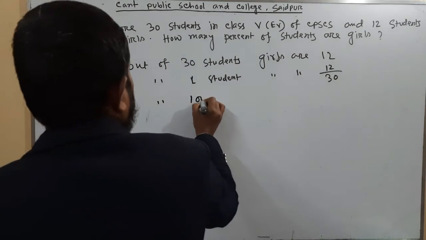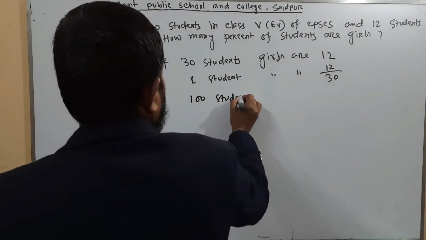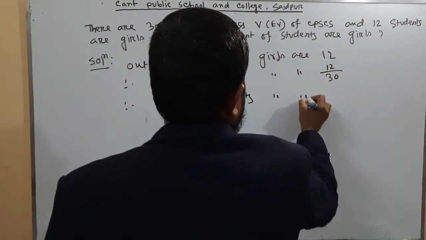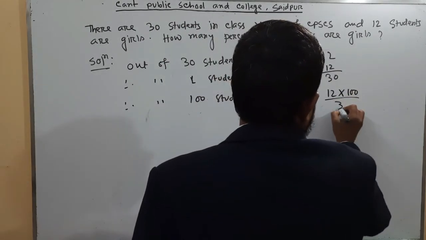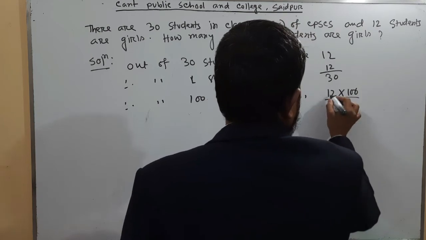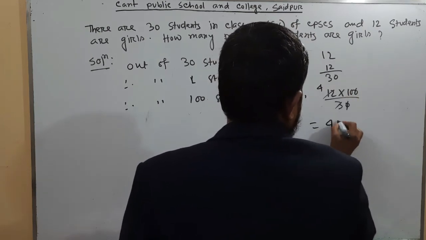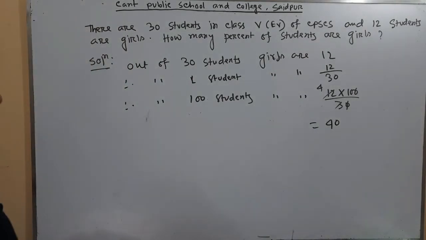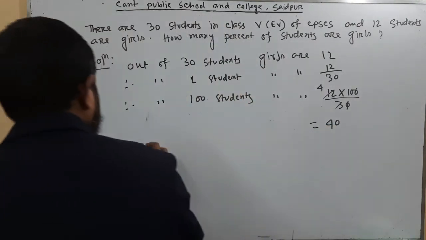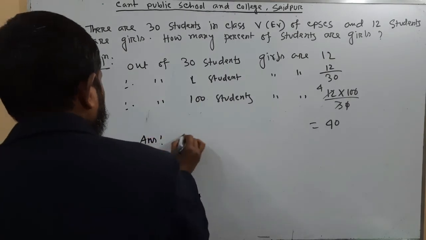Out of 100 students, girls are 12 multiplied by 100 by 30, 40. How many percent of students are girls? 40%. And this will be 40%.